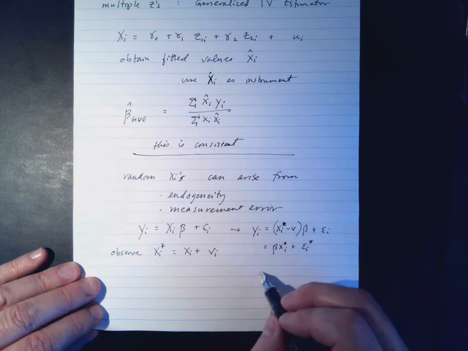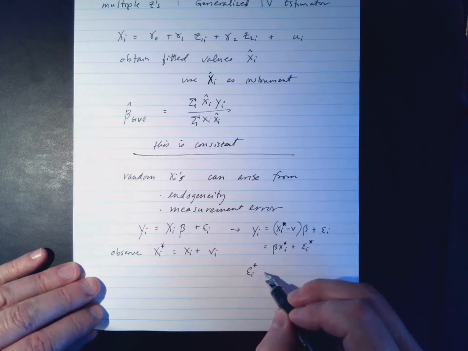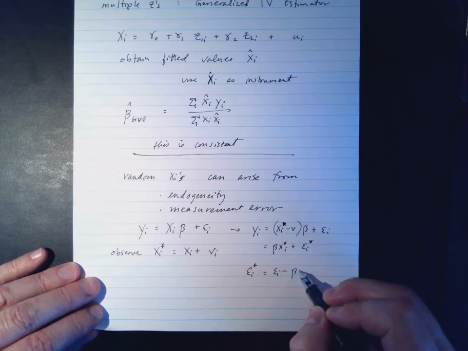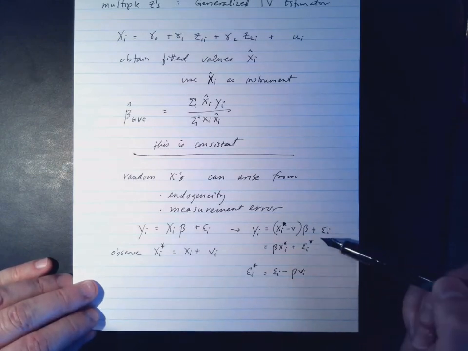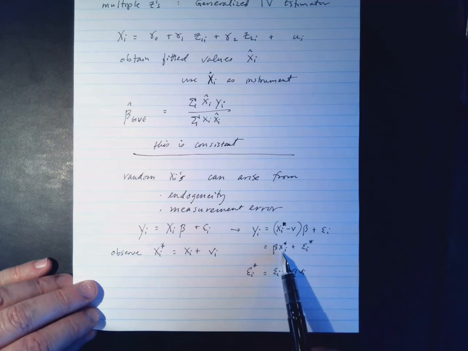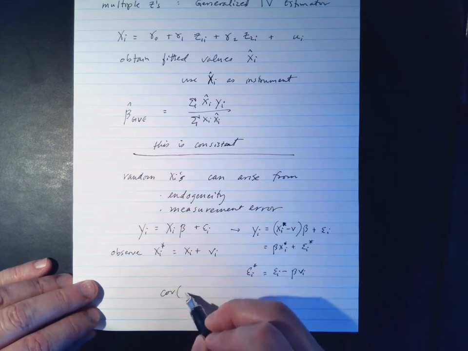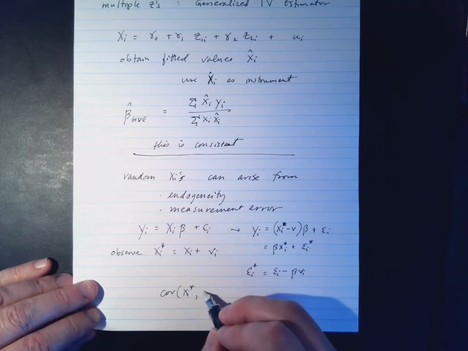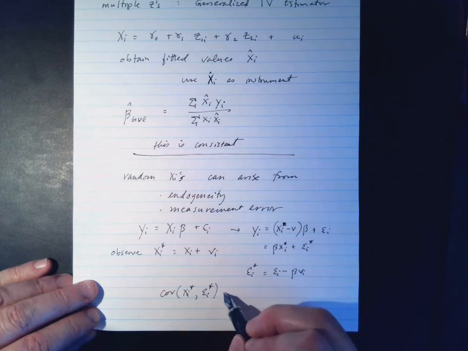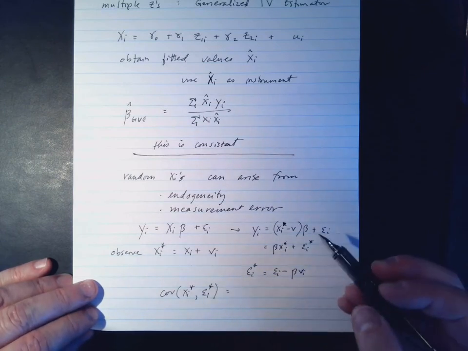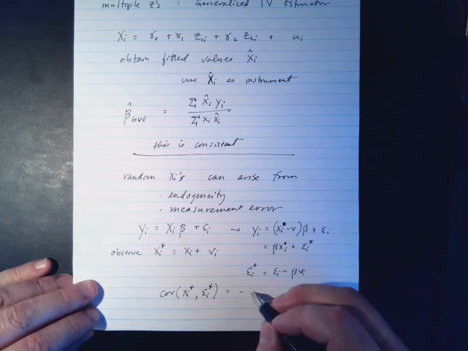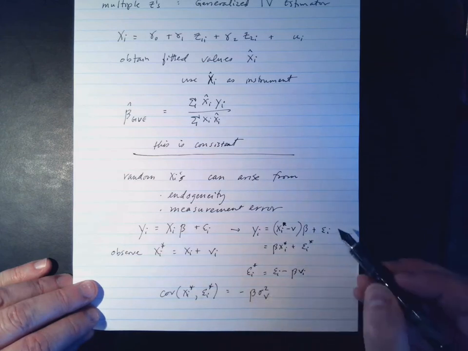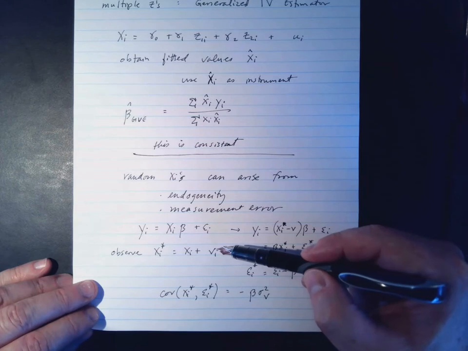And if we factor everything out there, then epsilon star is epsilon minus beta v i. Then if you compute the covariance between x star and epsilon star, it works out to be minus beta times sigma squared v, where sigma squared v is the variance of this error term.